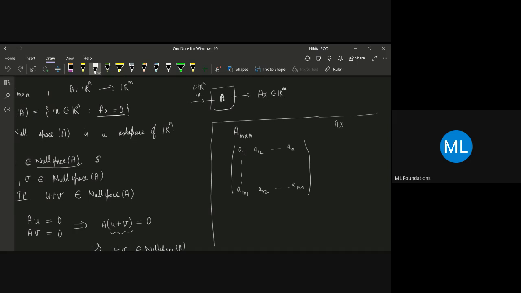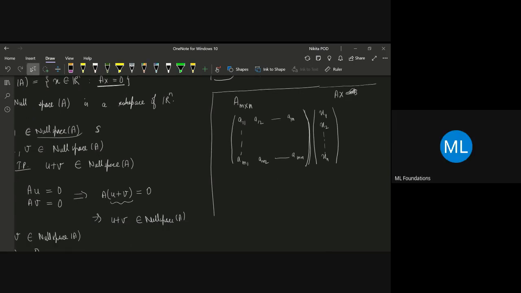I'm writing the system of equations, Ax, where x is x1, x2, up to xn.